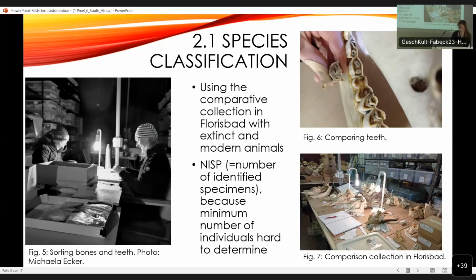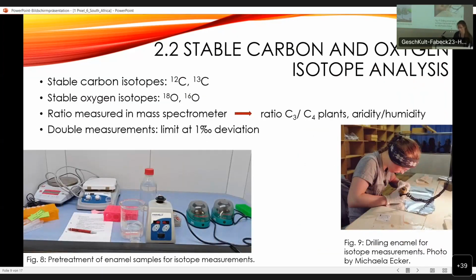For the stable carbon and oxygen isotope analysis, you all know how this works, we took double measurements, just as a quality control. When there was a deviation larger than 1 per mil in these double measurements, we excluded the samples. So we only included samples of good quality.